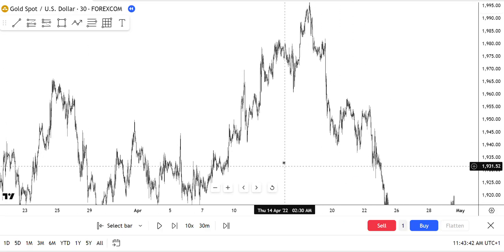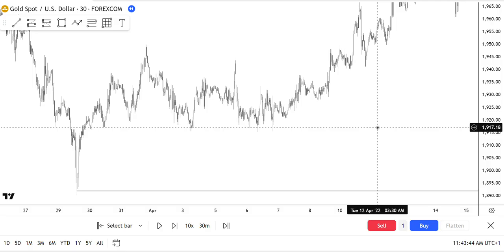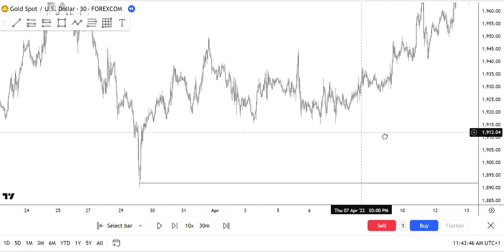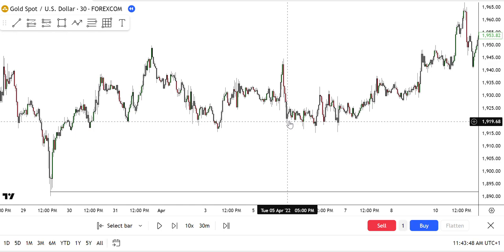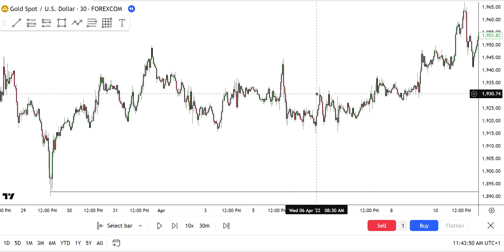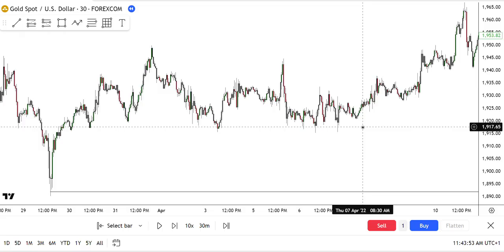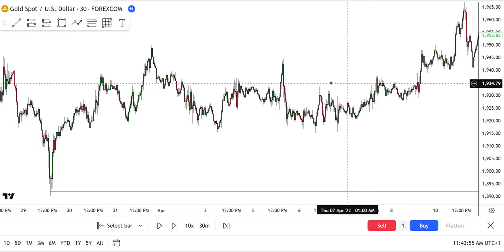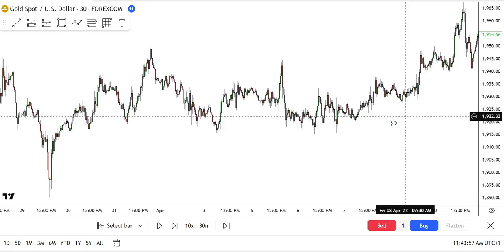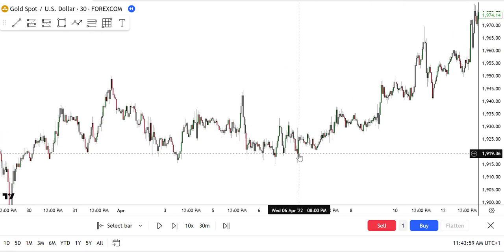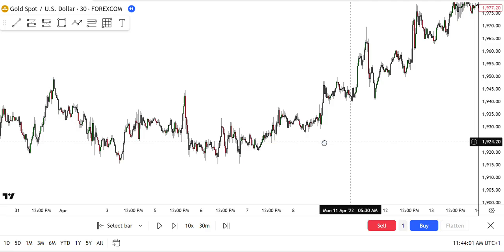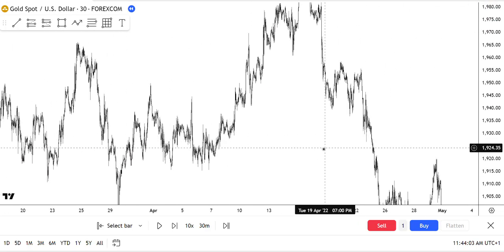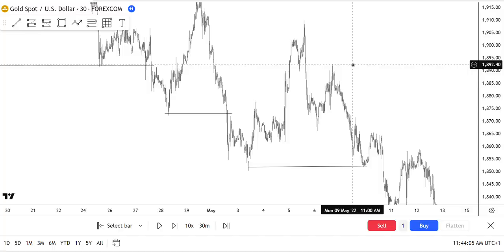So in internal structure, we can also have higher highs and higher lows, just like here. We have higher highs and higher lows, higher highs and higher lows, like this.